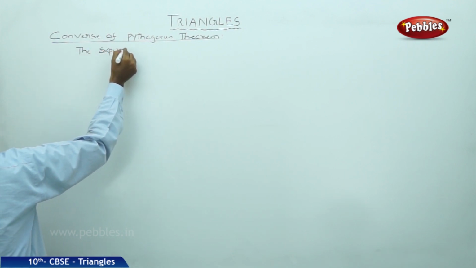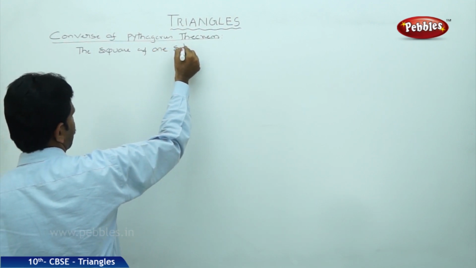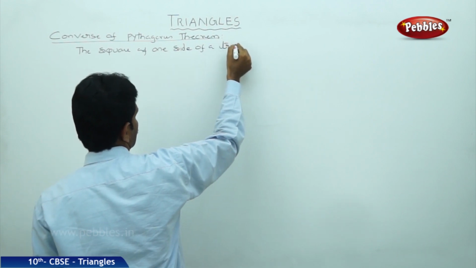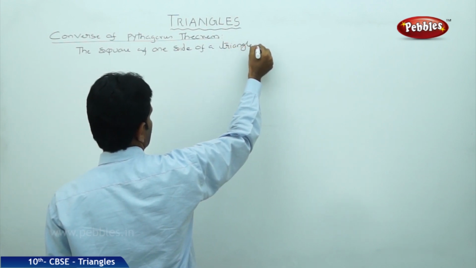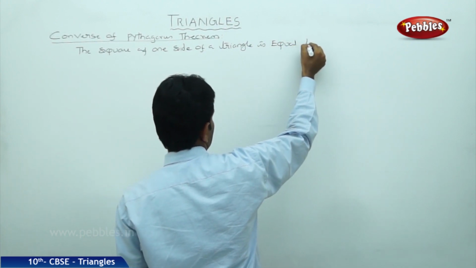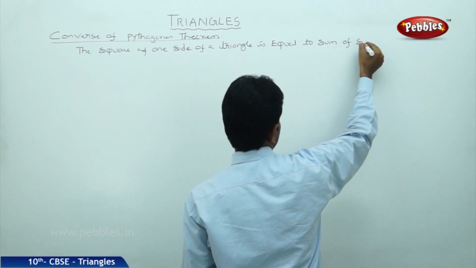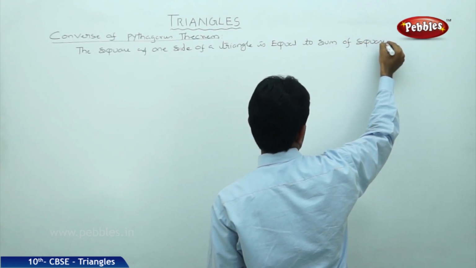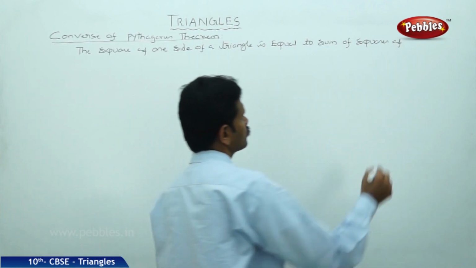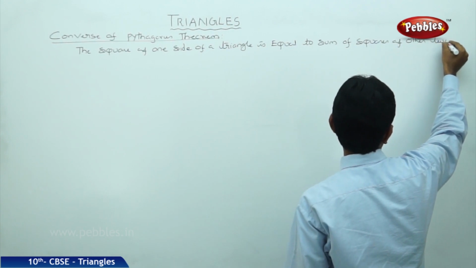The square of one side of a triangle is equal to the sum of squares of the other two sides.